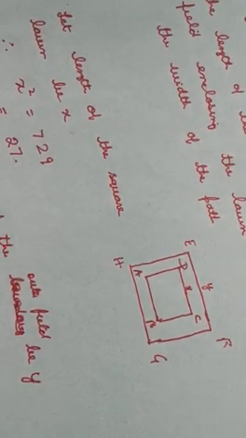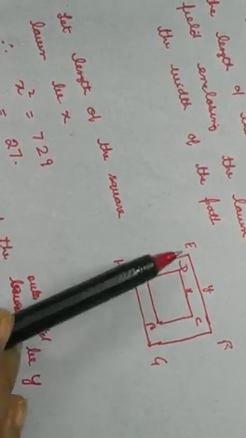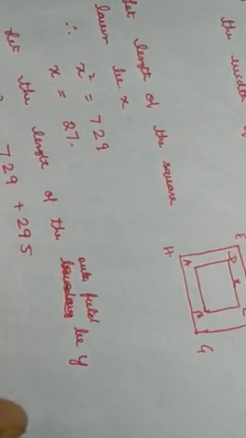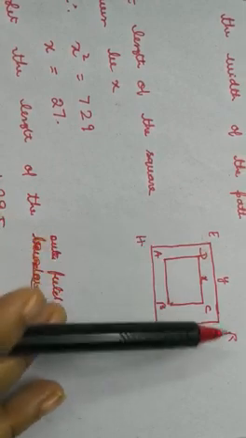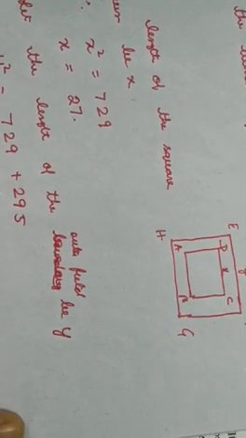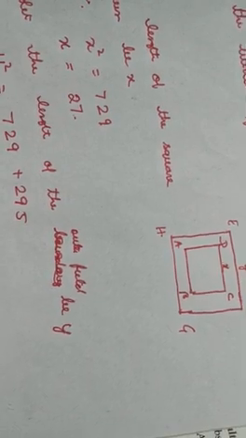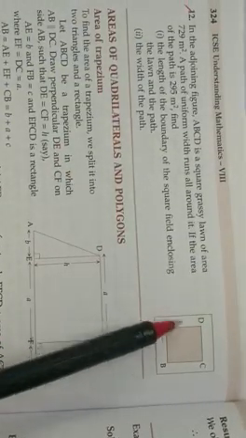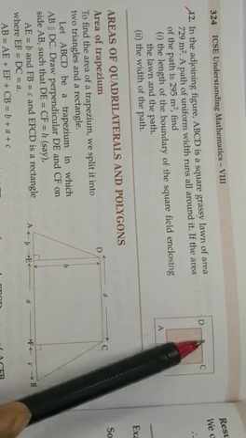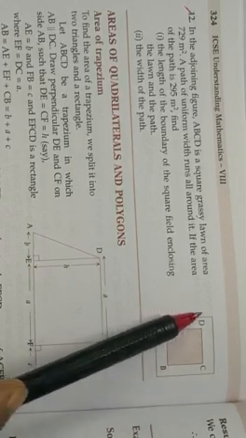Now I do not know the outer boundary, so let the length of the outer field be y. Do we know what its area should be? We actually know the area. The inner one's area is given as 729, and the path's area is given as 295.